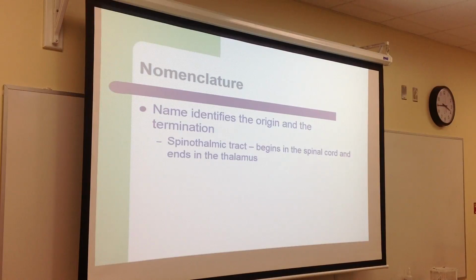Now, how are they named? Well, there's going to be anterior, posterior, lateral. That's going to be on there. What does that refer to? It refers to what part of the cord the tracts move. If they're anterior, they're going up and down in the white matter there on the anterior side of the spinal cord.